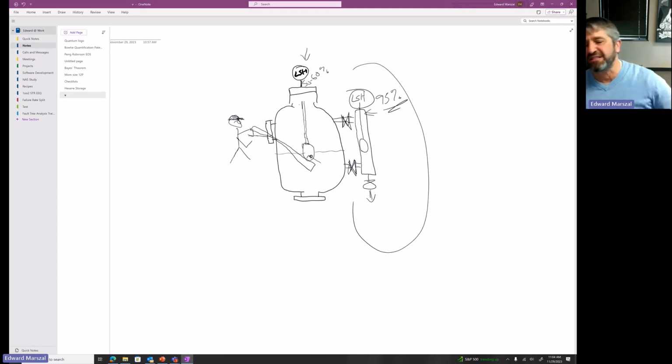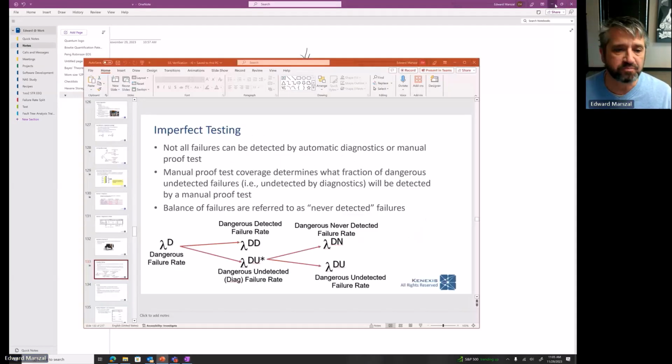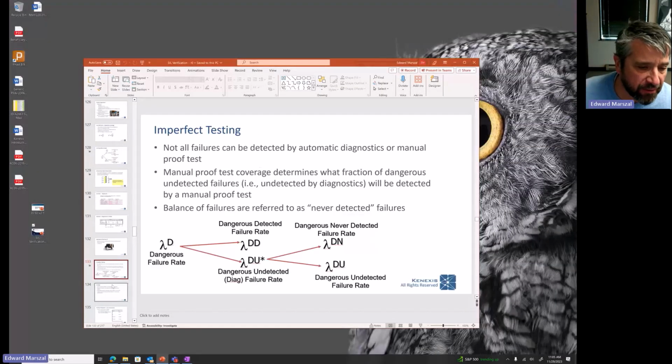Hopefully this example impresses upon you why we're doing all this extra math to look at never detected failures, because they are realistic and they're really going to put the brakes on the effectiveness that you think you're actually getting out of your safety instrumented function. Okay, so that's imperfect testing.